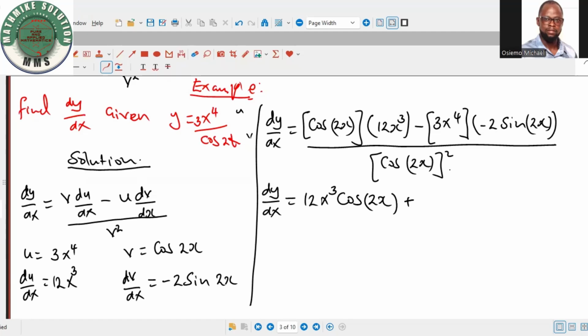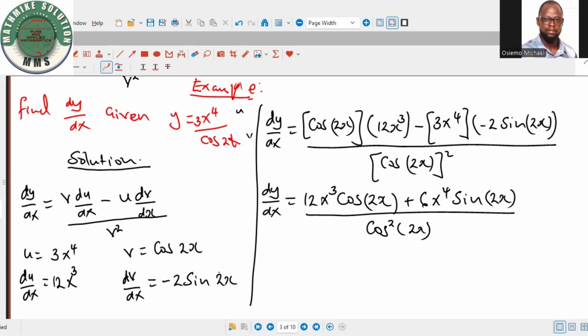So it will be plus 2 times 3, which is 6, 6x to the power 4 sin 2x, and all this over cos squared 2x. Remember we said that cos squared theta is the same as cos theta times cos theta, and that square comes at the top of the cos. So it doesn't go to the 2x, it's only at the cos.